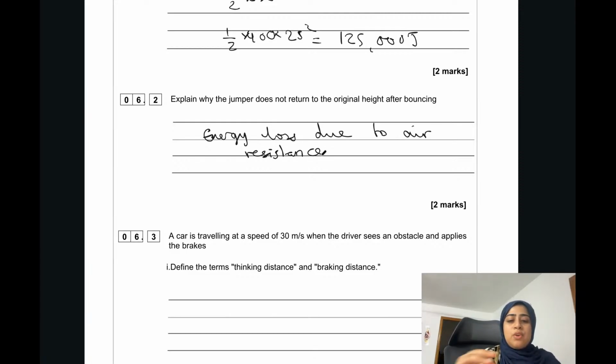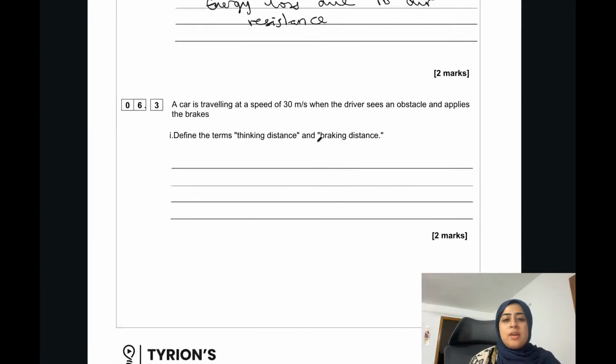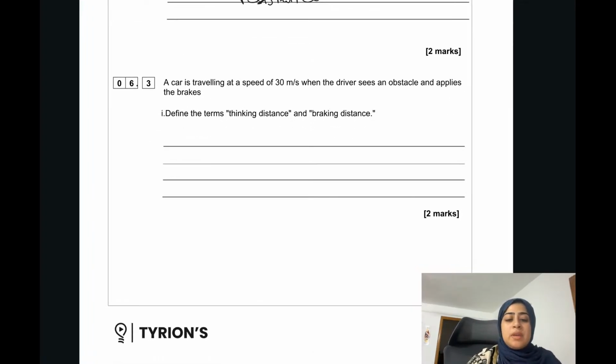And the cause of not returning to the original height. Okay, you also need to be able to define thinking distance and braking distance. So you need to understand them really well.